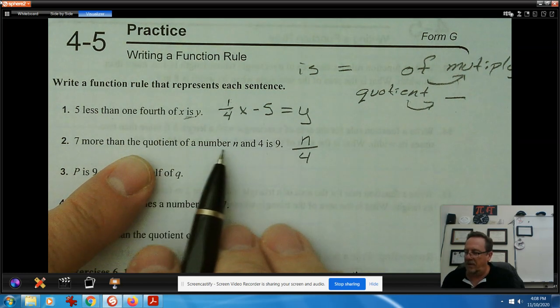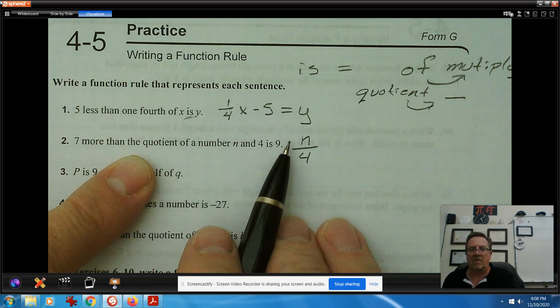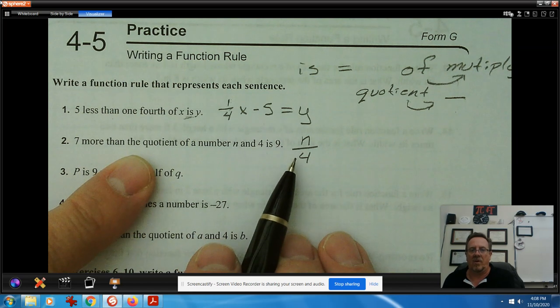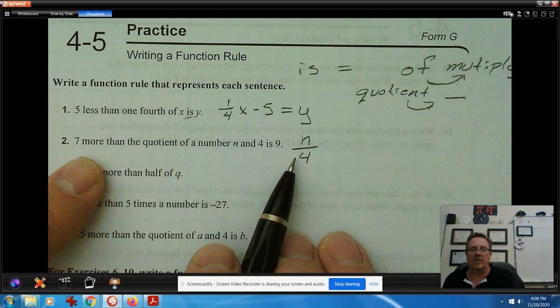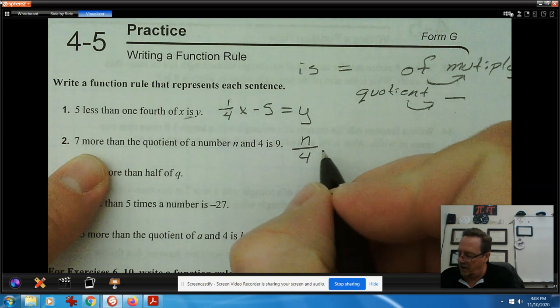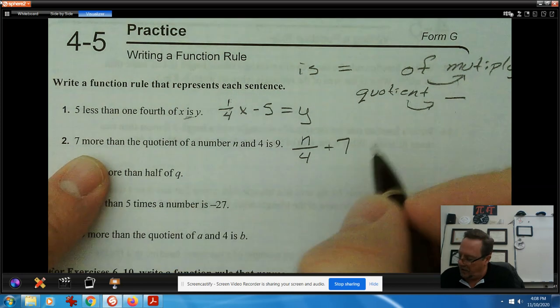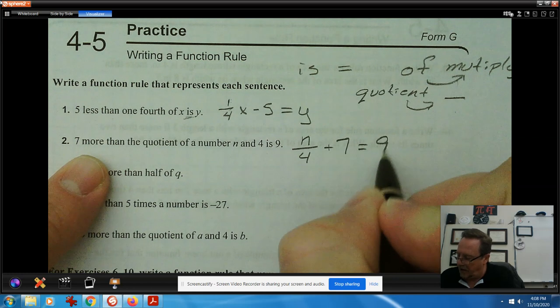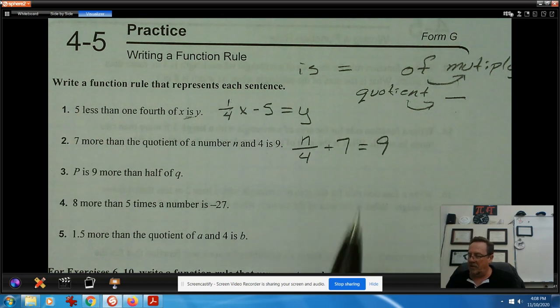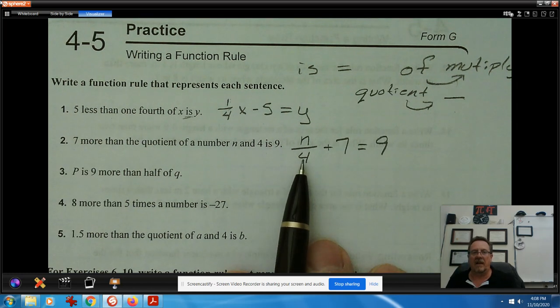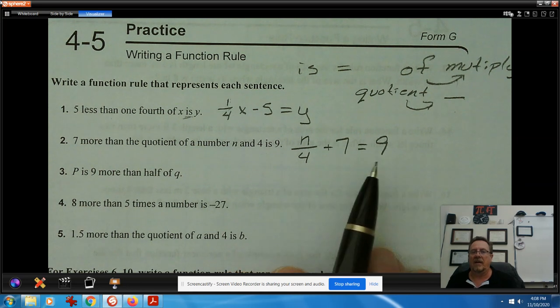This is how we write the quotient of a number n and 4. But we're supposed to do 7 more than that. So I'm going to say plus 7, and that is equals 9. So this is 7 more than the quotient of n and 4 is 9.